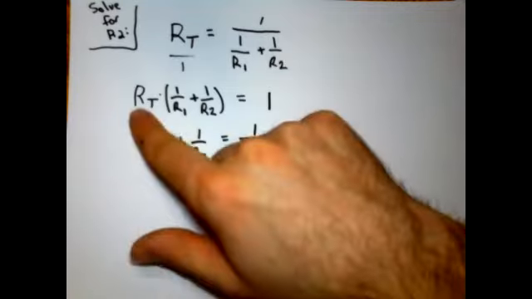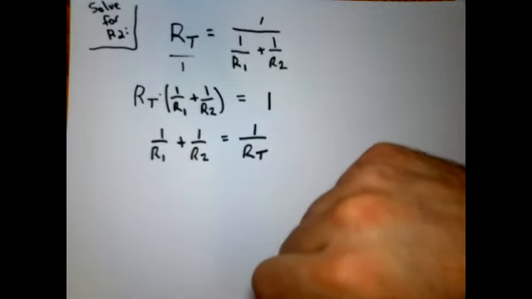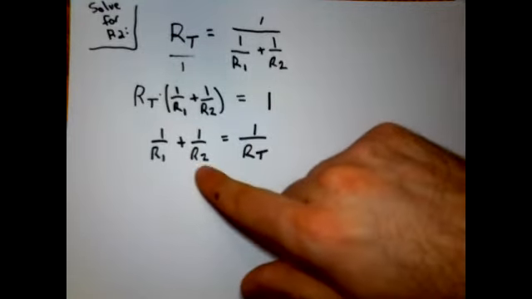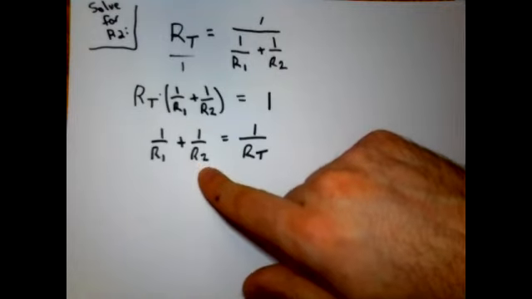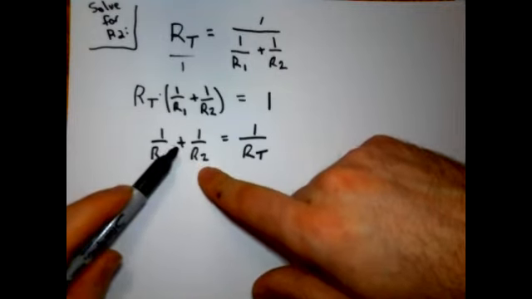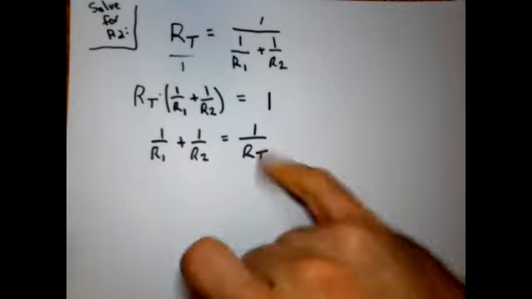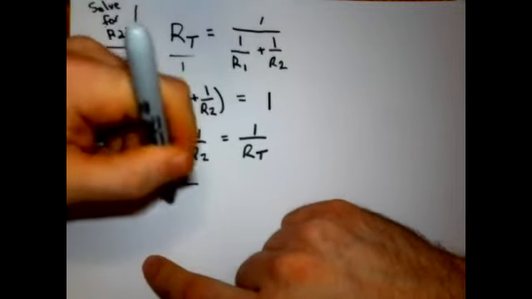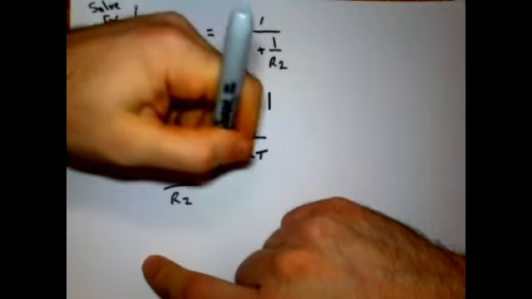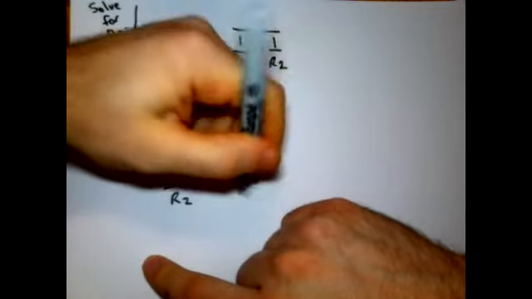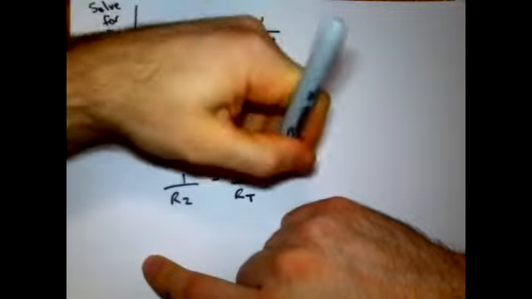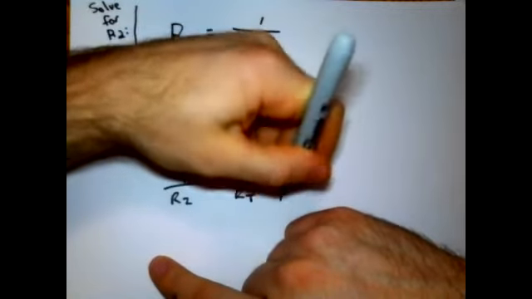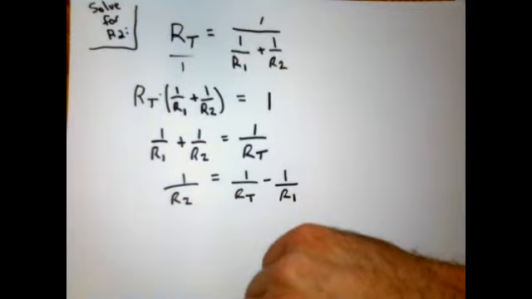We divided both sides by RT. Right. Okay, so still keeping an eye on R2. That's what I want to solve for. These two things are being added. To undo addition, I'm going to subtract. So this is 1 over R2 equals 1 over RT minus 1 over R1.